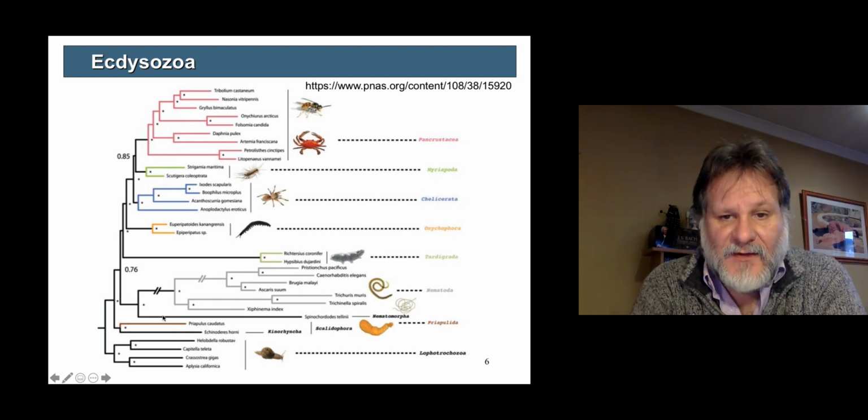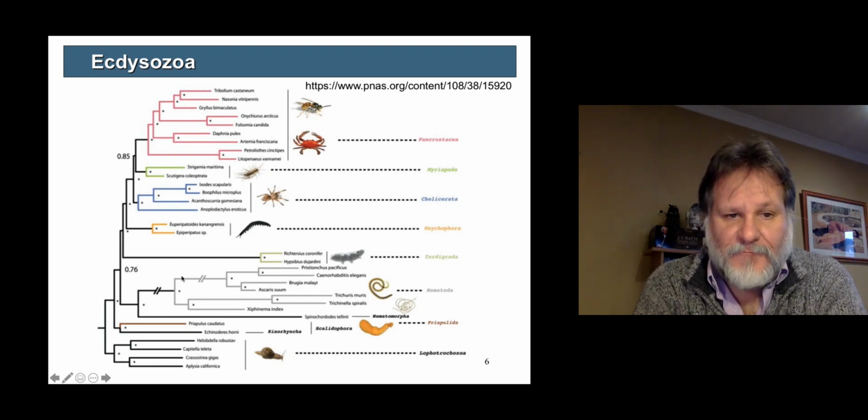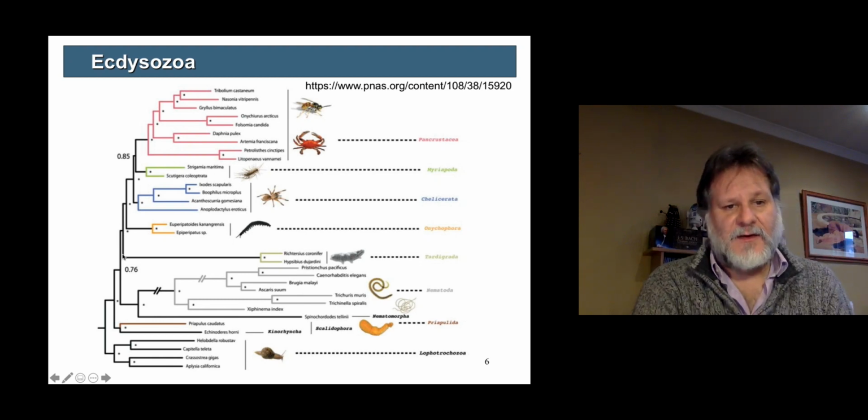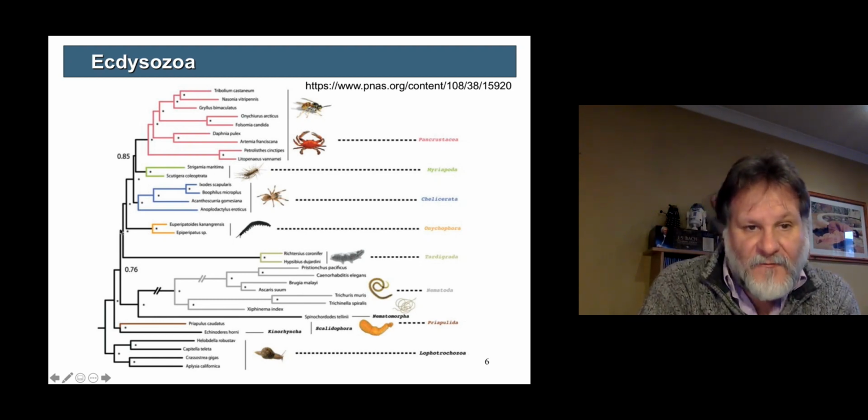Then we have these nematode and nematomorph worms. And then we go up, and as I say, these branches at this lower part of the tree are very small, and it's difficult necessarily to be sure what order things branch off in.